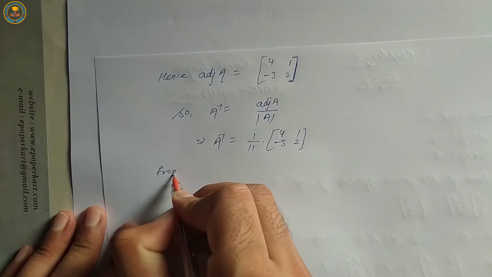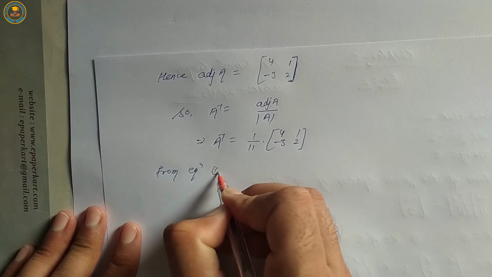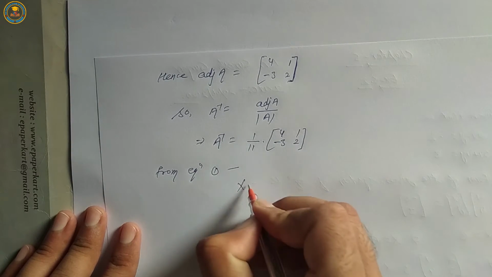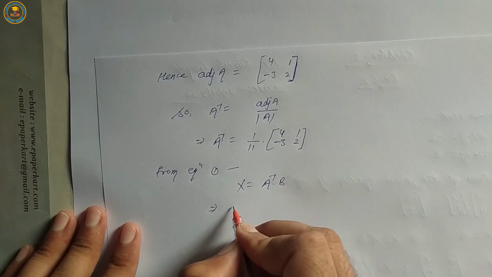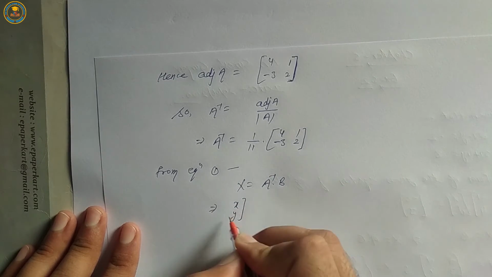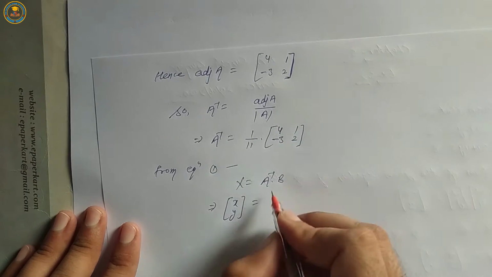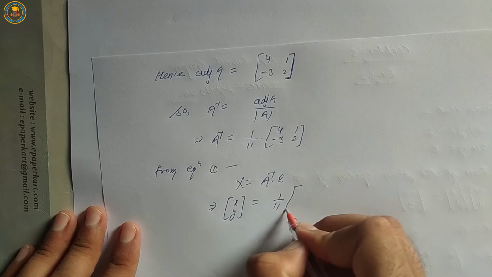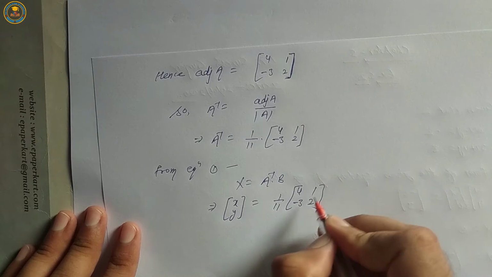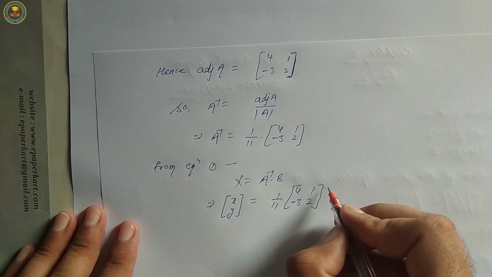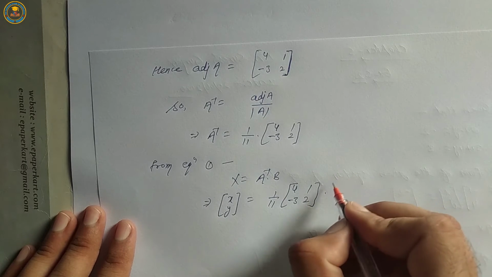From equation first, X is equal to A inverse into B, implies matrix x, y is equal to 1 upon 11 into matrix 4, 1, minus 3, 2 into matrix B which is minus 2, 3.